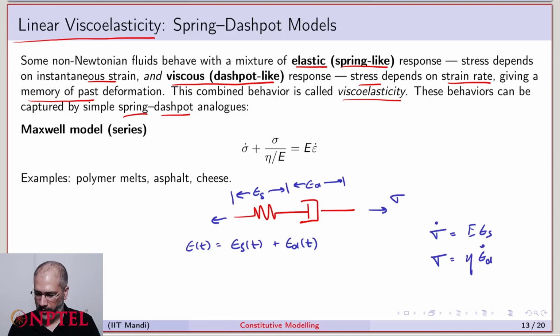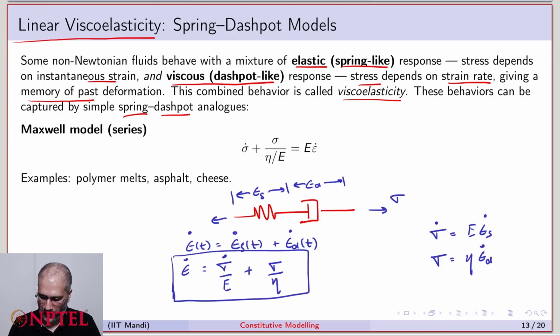If I take the derivative of the first equation as well as of this strain balance, I get epsilon dot as sigma dot upon E plus sigma upon eta. And this is exactly the same as what we have given here. So this is the ordinary differential equation for solving for sigma in this case.